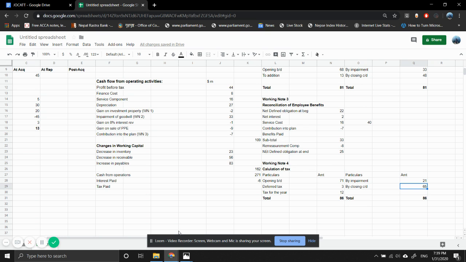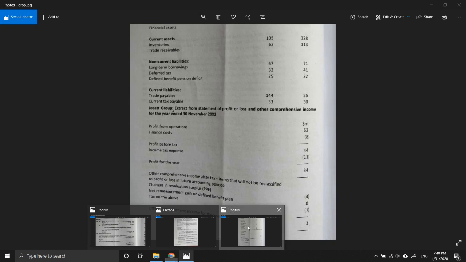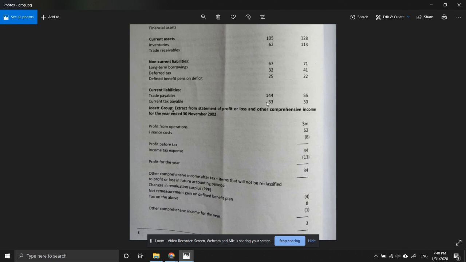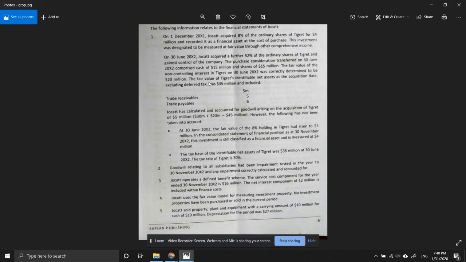Is our closing really that much? No, let's figure it out one more time. Let's look at it properly. So 32 plus 33, and then remember the deferred tax, that's not included in the closing figure. Excluding deferred tax, that has not been added, right?